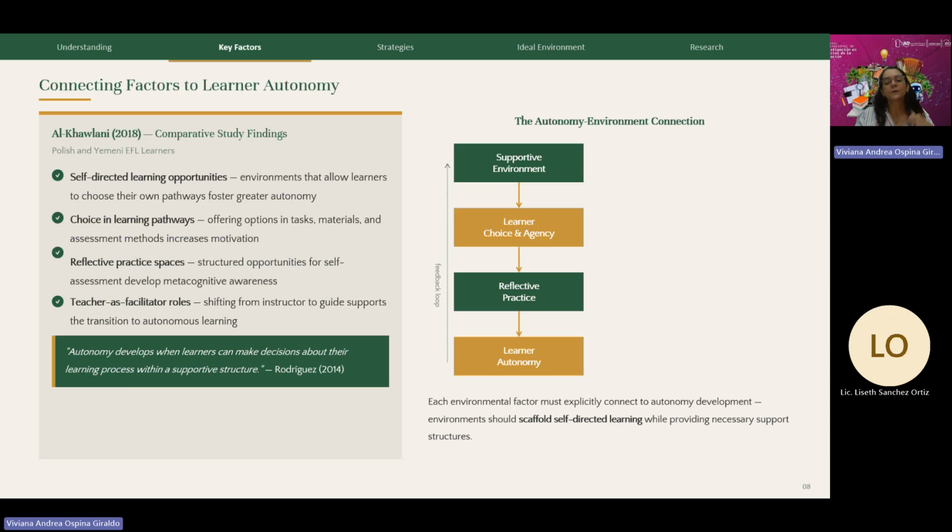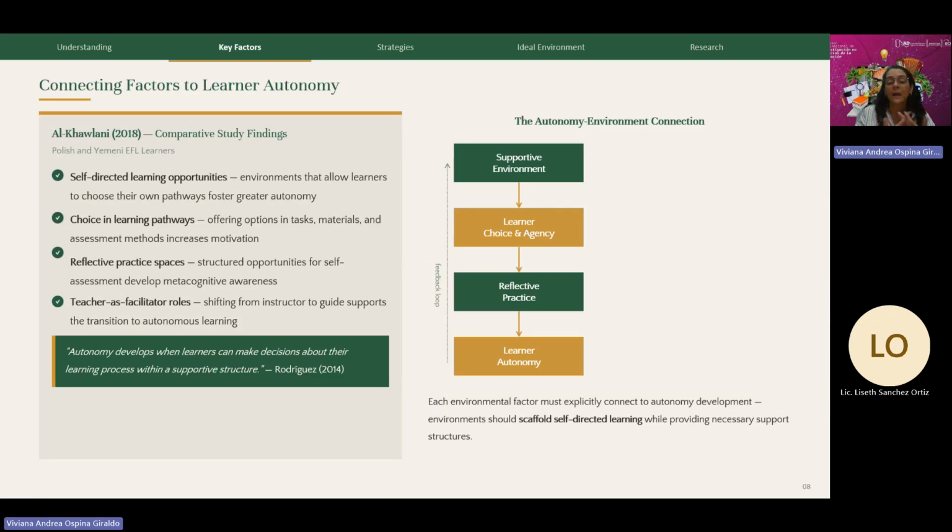Well, this particular author takes us through different steps where I can go ahead and foster autonomy in my students. As Rodriguez from 2014 mentions, he says autonomy develops when learners can make decisions about their learning process with a supportive structure.